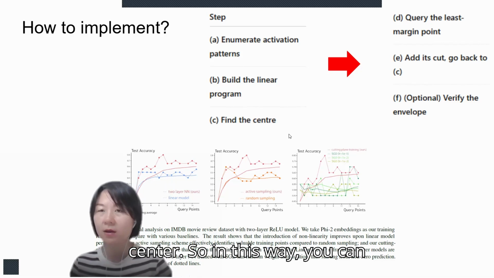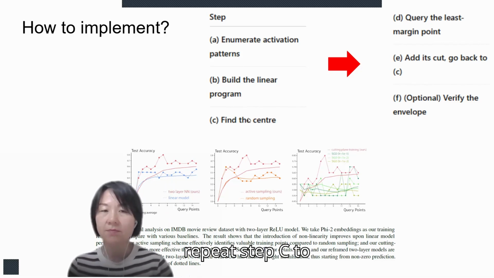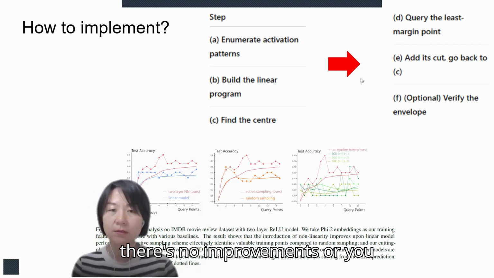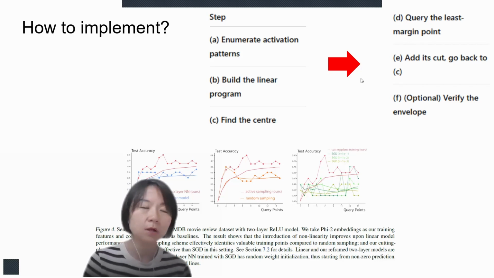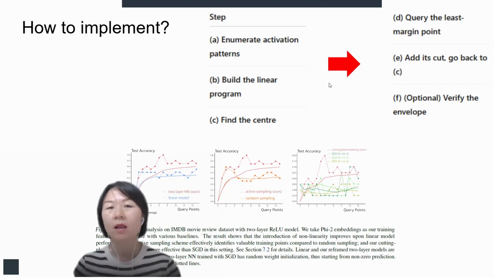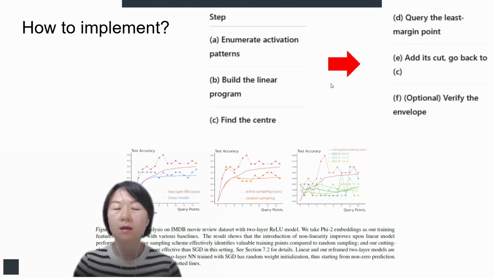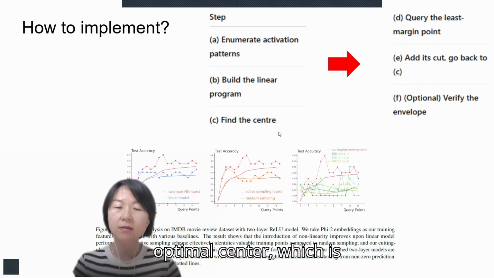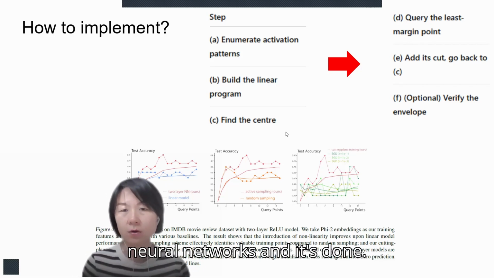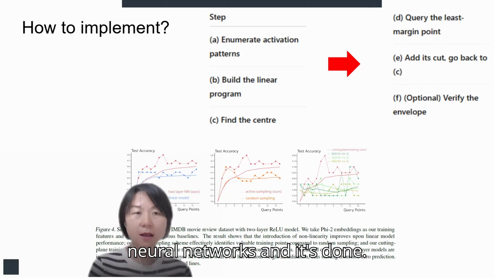In this way you repeat step C to step E until there's no improvement or you reach the largest iteration number. After you find the optimal center, which is the parameters of the neural network, it's done.